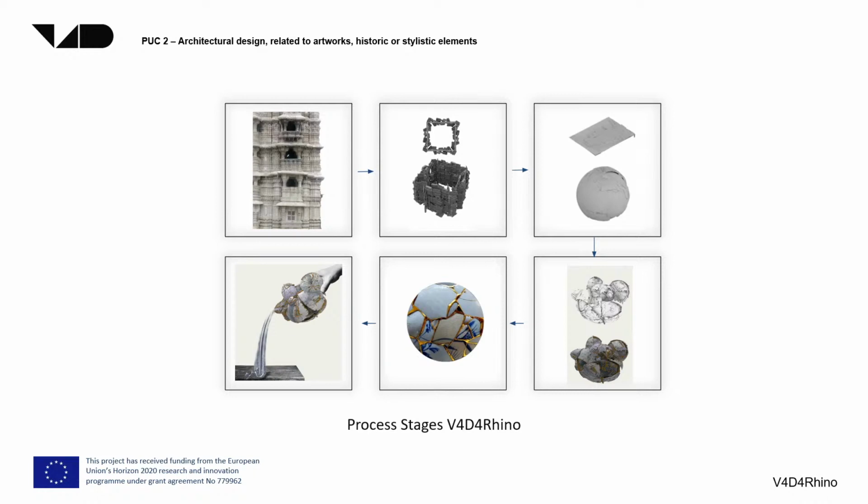So they took some elements they like, they modified them in Rhino, they textured them again with textures from the V4Design tool, and then they created this final 3D model and illustration of the teapot. And our colleague Calliope, she's also in the chat if you want to ask questions directly to her, prepared this demo for me that I'm now going to show.